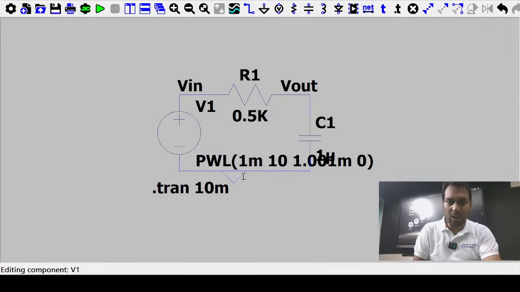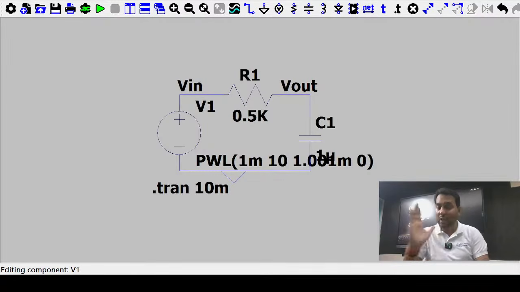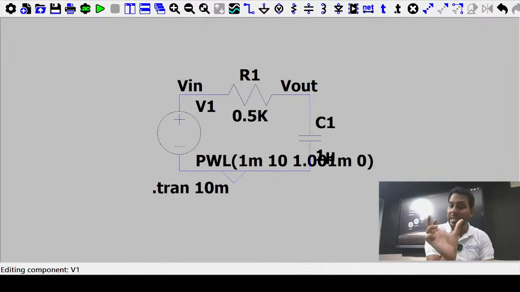And after 5 millisecond it falls to 0 volt. So the input voltage till 1 millisecond is 0. At 1.001, the delta t is 1 microsecond, and it reaches 10 volt. It is maintained at 10 volt from 1 millisecond to 5 millisecond, so that duration is 4 millisecond.